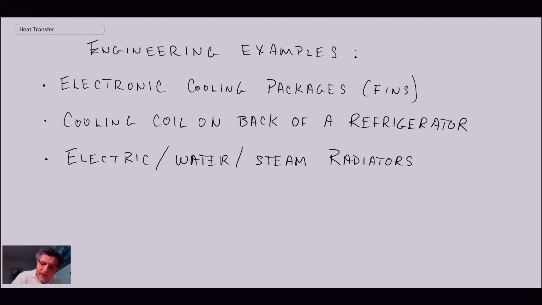These could either be electric, where you have joule heating, it could be where you have hot water circulating, or you could have steam. So let's start looking at some of these different applications, and we'll begin with electronic cooling.